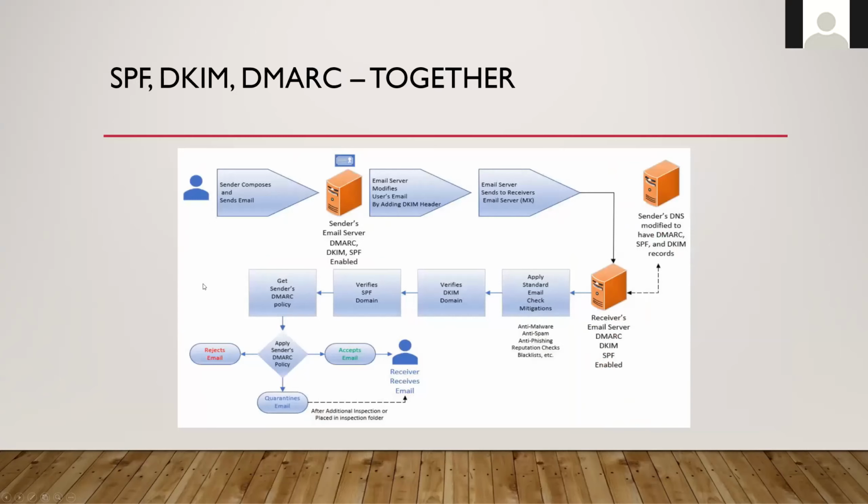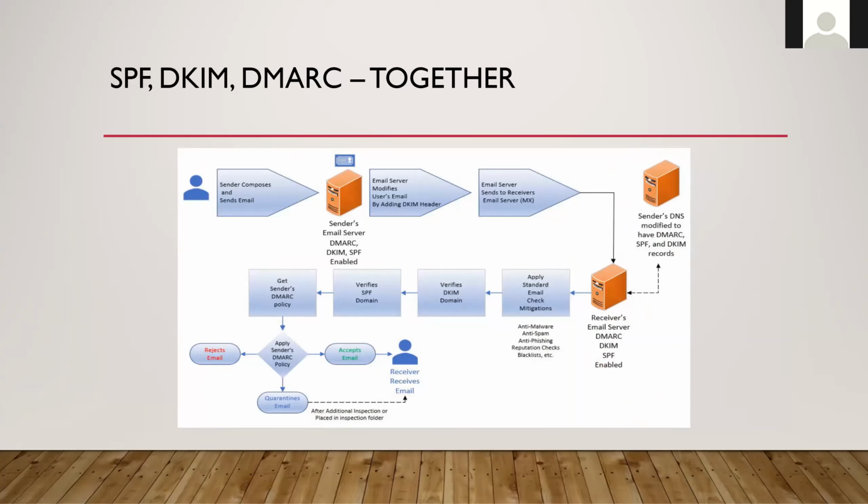Overview of how it all works. Sender composes the email. Their server adds the DKIM signature or header, sends it to the recipient. The recipient server gets it, then they're going to check it. They're going to do their standard stuff. They're going to validate the signature using that public key that's in your DNS record.